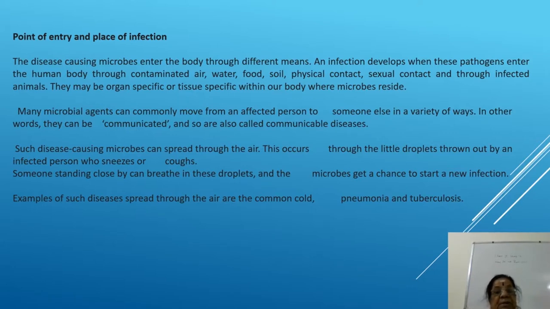Okay? Now look, the disease-causing microbes enter the body through different means. An infection develops when these pathogens enter the human body through contaminated air, water, food, soil, physical contact, sexual contact, and through infected animals. I hope you are able to follow this.